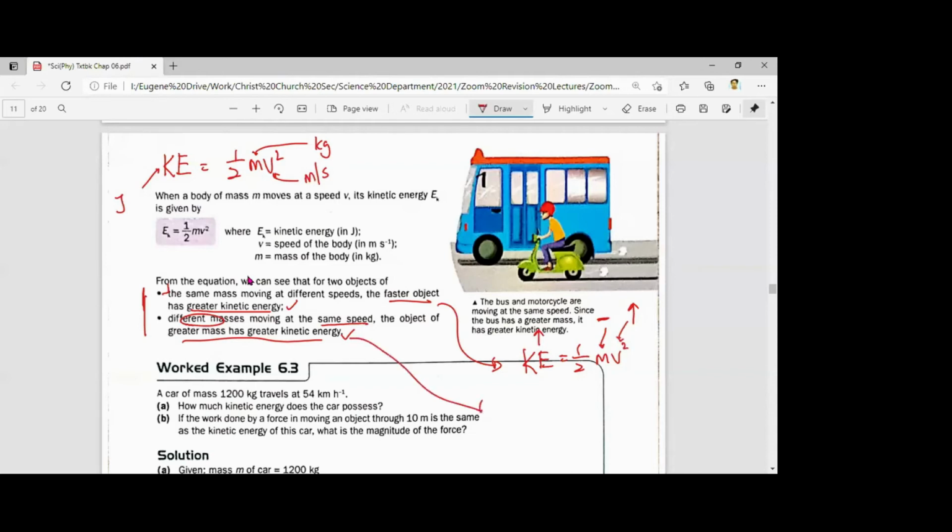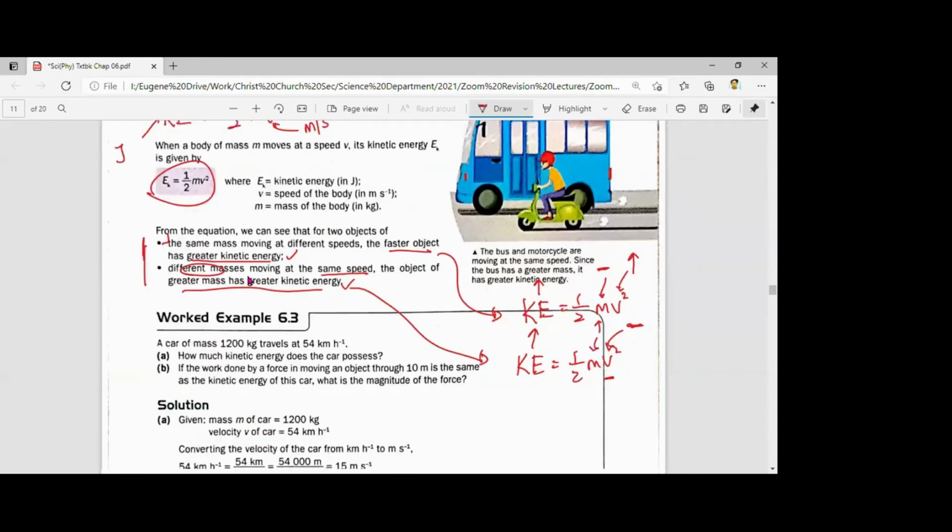For the second part, KE equals to half mv squared, when the v remains constant but the m increases, this is going to cause the KE also to increase. So learn how to understand the relationship using the formula here.